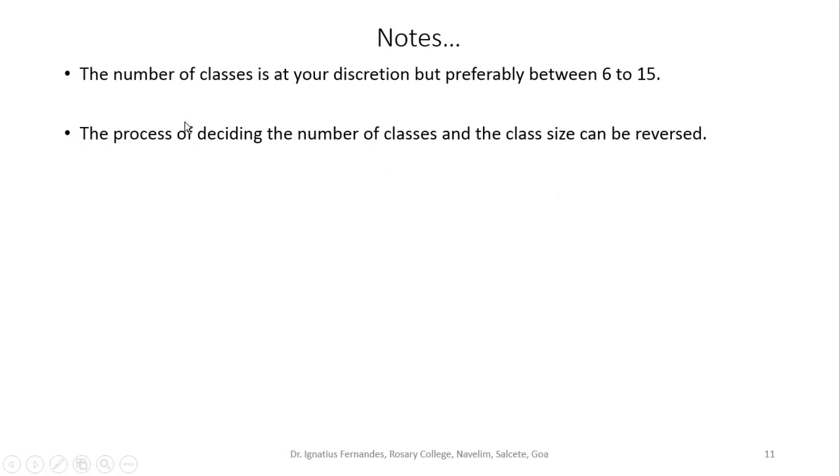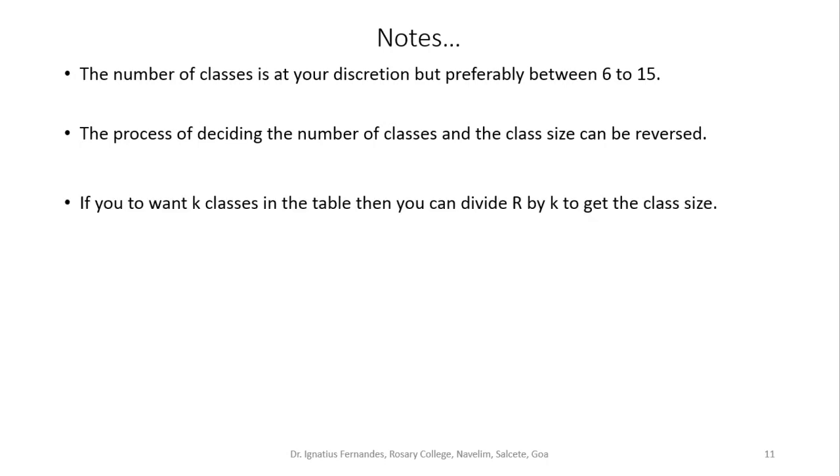The process of deciding the number of classes and the class size can be reversed. When we decided the table, we assumed the class size first, and based on that we got the number of classes. We can always decide first how many classes we want, and then accordingly get what the class size should be.